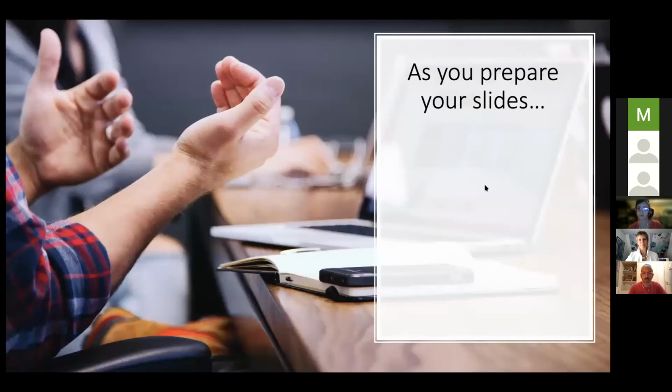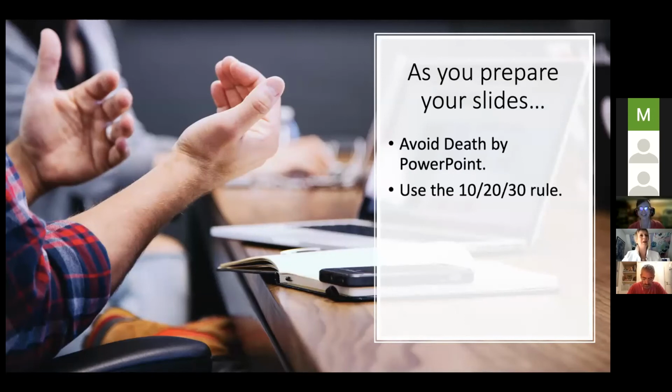As you prepare your slides, you can also think about something called death by PowerPoint. Maybe you're thinking today, this is death by PowerPoint. I hope not. Death by PowerPoint means that you're using too much text on your PowerPoint. There's a gentleman that works for Apple, and he suggested the 10, 20, 30 rule. Does anyone know this rule?